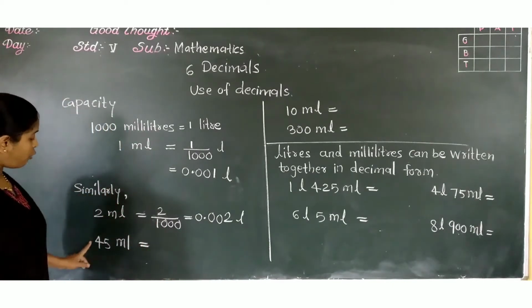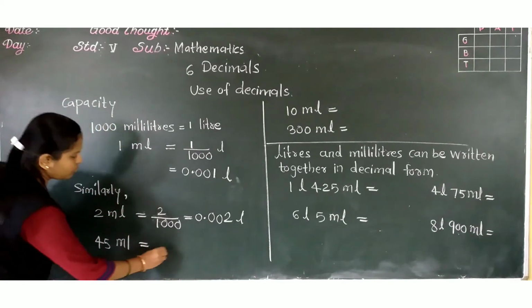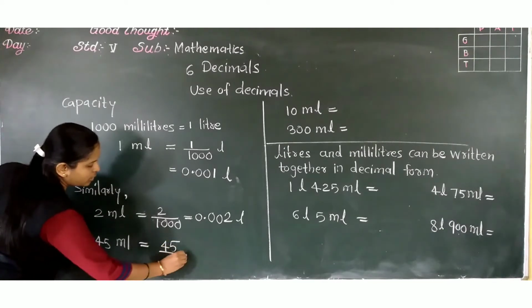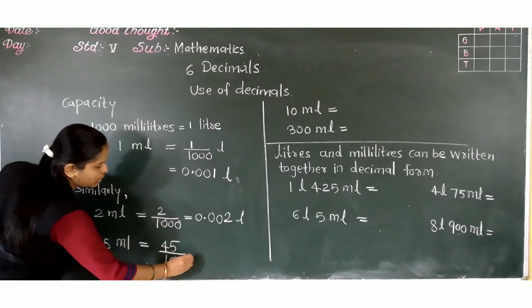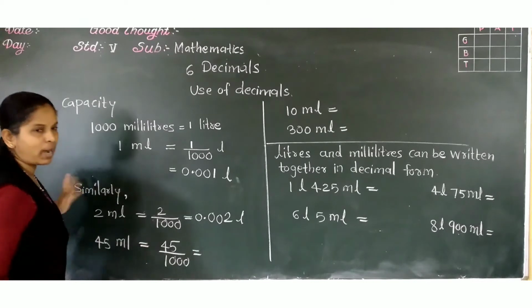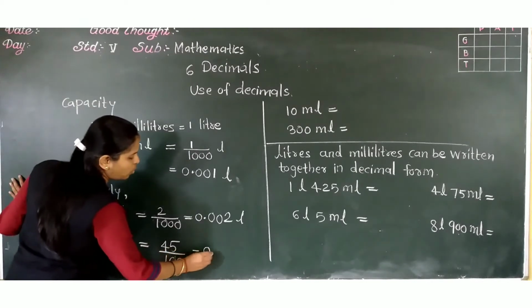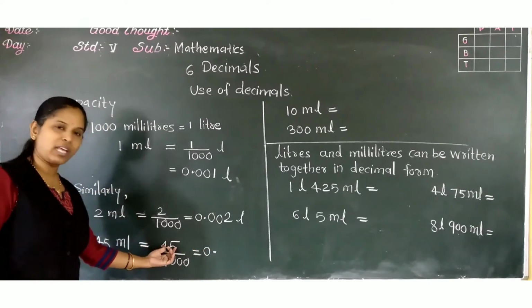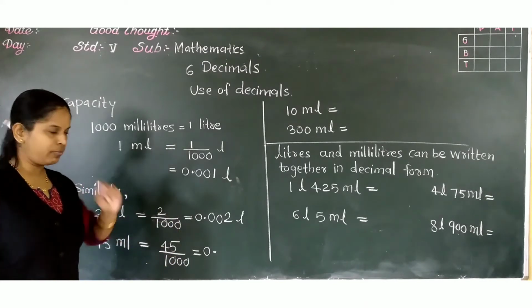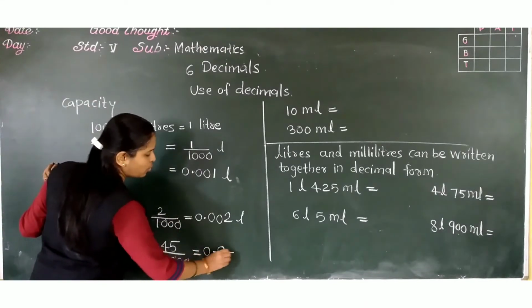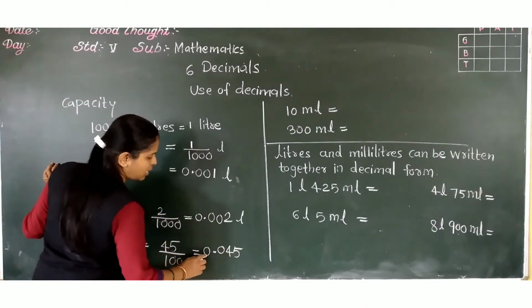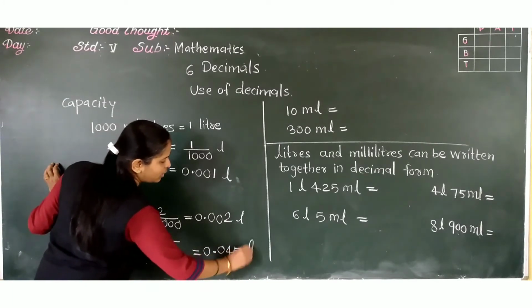Follow? Now 45 ml. 45 divided by 1000 is equal to, here also whole part nothing is there, so 0 point. Here 2 digits are already there, then only 1 digit we want. So only 1 zero you write before 45, that is 0.045 liters.